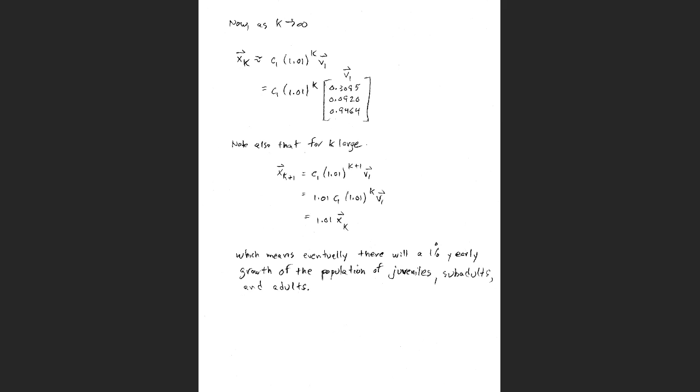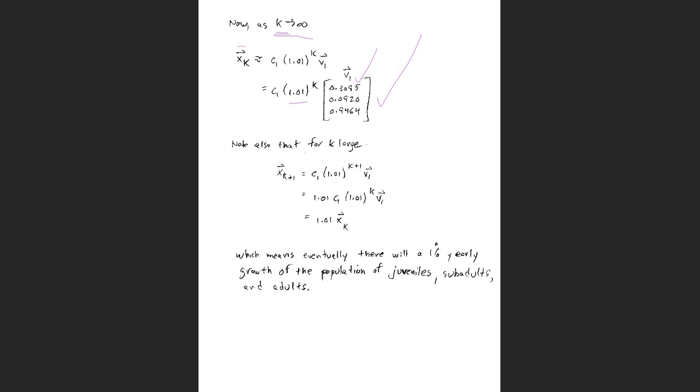So, as k goes to infinity, the x sub k vector is going to be approximately equal to C1 times 1.01 to the kth power times the first eigenvector. I specify the first eigenvector because that's the one that's relevant as k goes to infinity.